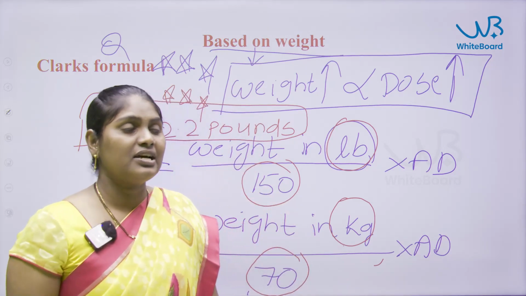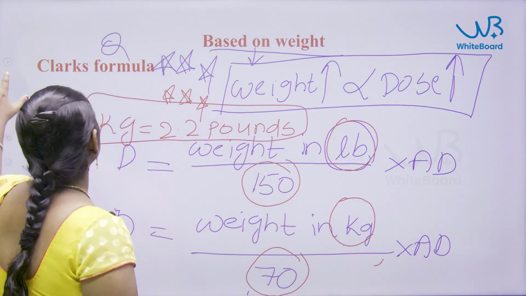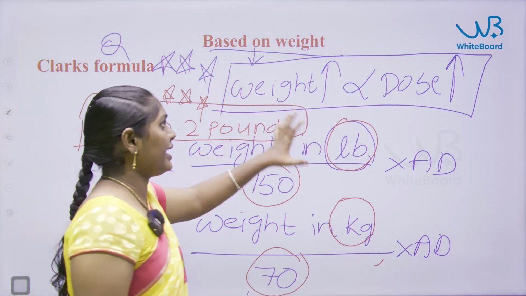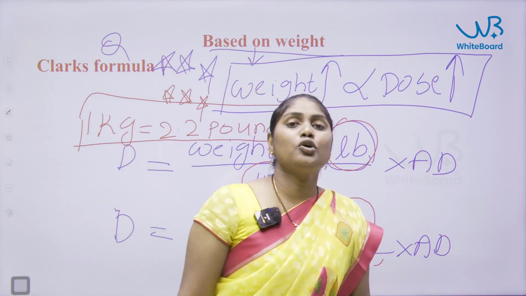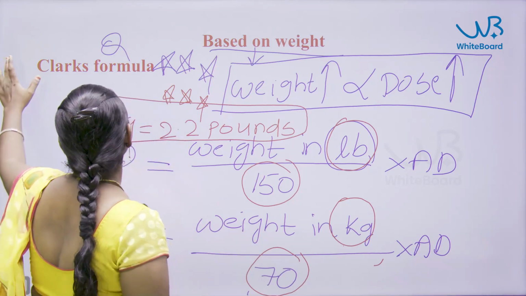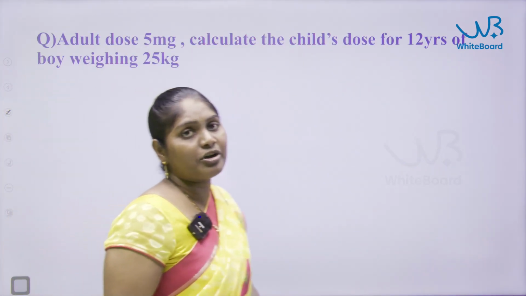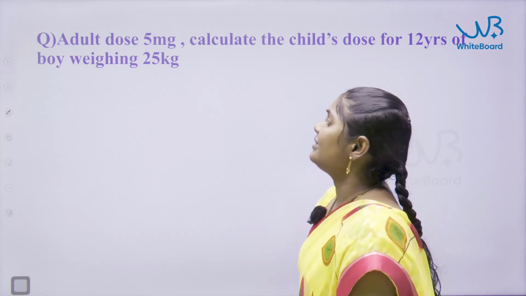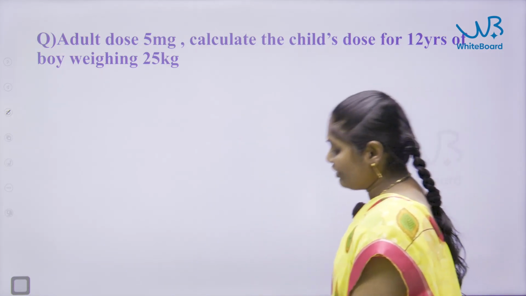Adult dose is common. This is a weight based formula, saying that if weight increases, then dose also increases.